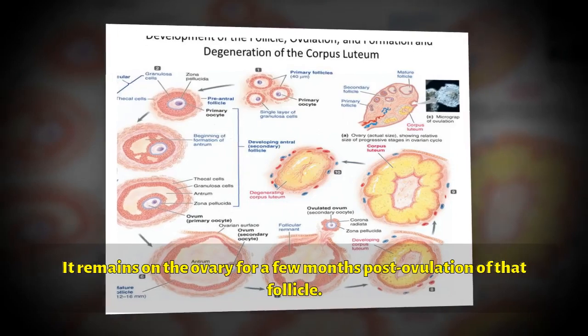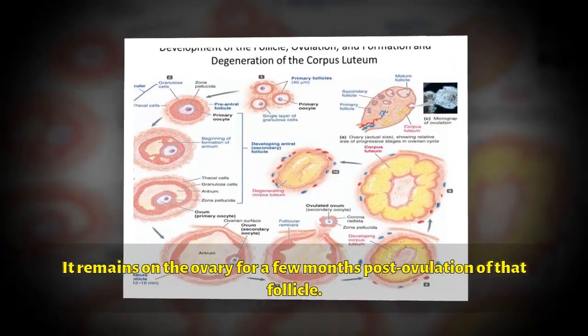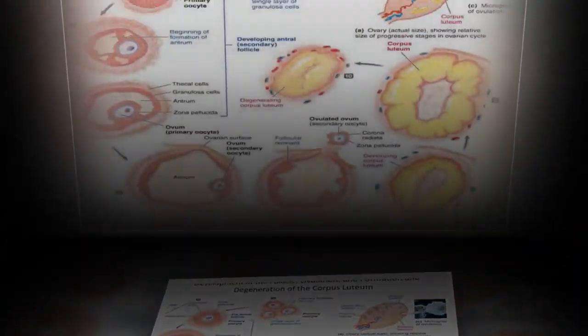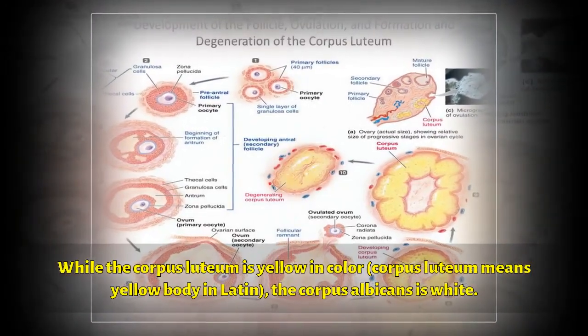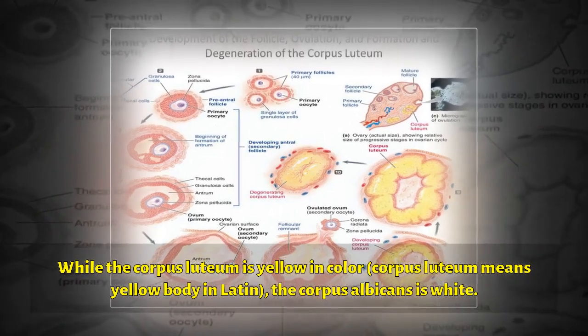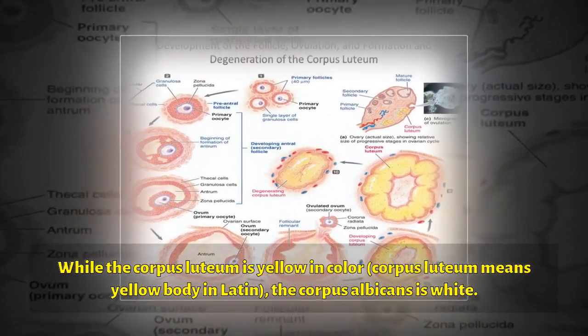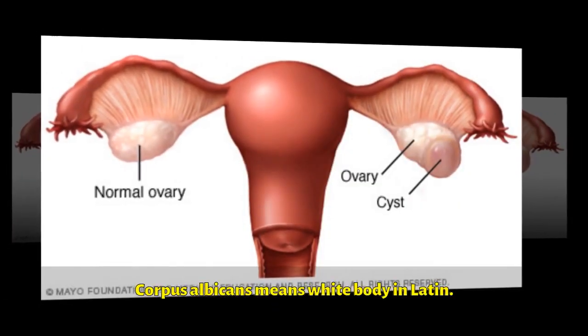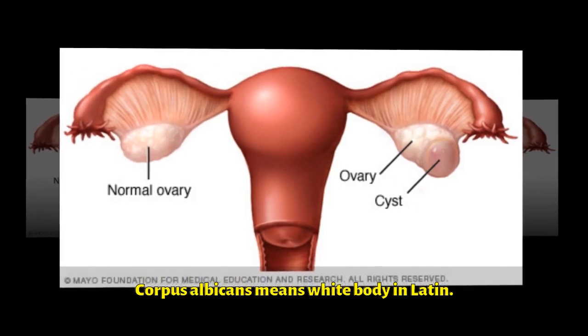It remains on the ovary for a few months post-ovulation of that follicle. While the corpus luteum is yellow in color, corpus luteum means yellow body in Latin, the corpus albicans is white. Corpus albicans means white body in Latin.